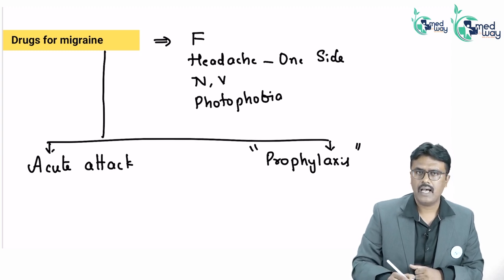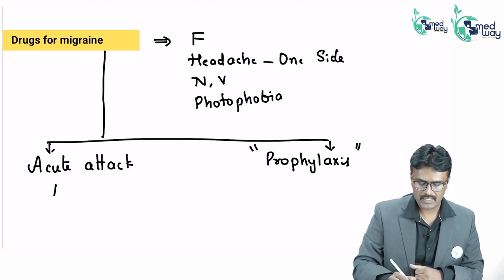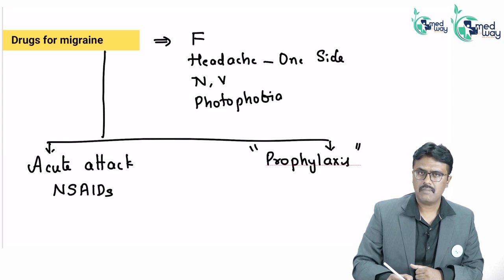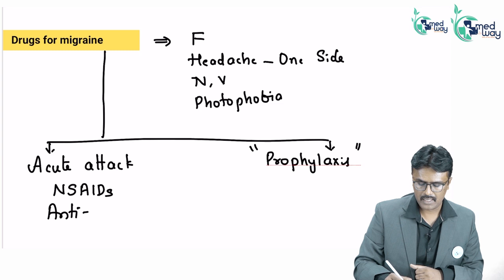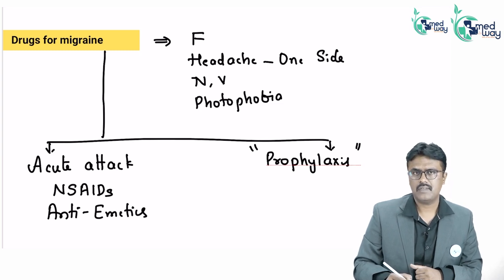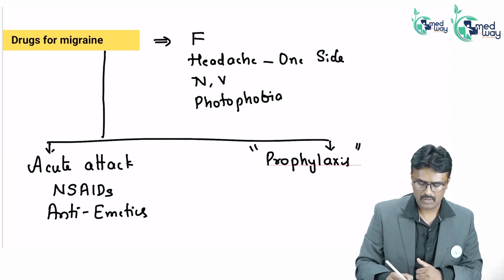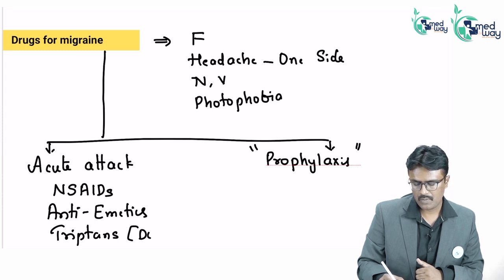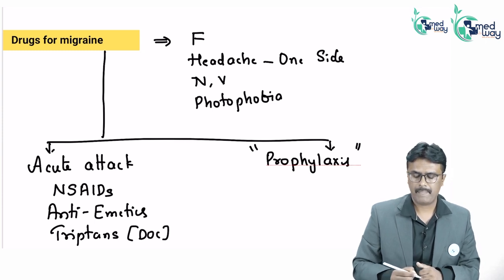Whenever somebody has the attack, the first thing we start is obviously NSAIDs, if it is a mild case, and also certain anti-emetic drugs. But if it is not controlled with this and the migraine is increasing more and more, then the drug of choice becomes triptans. So triptans are the drug of choice for acute attack of migraine.